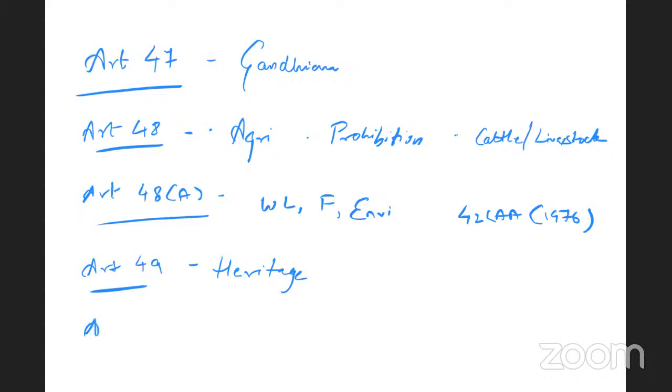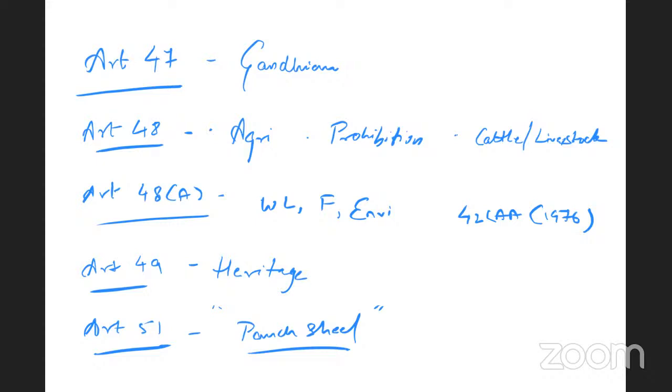Then you have Article 51. It talks about Nehru's idea of Panchsheel. This is related to international affairs, for the peaceful coexistence of states and of various countries.